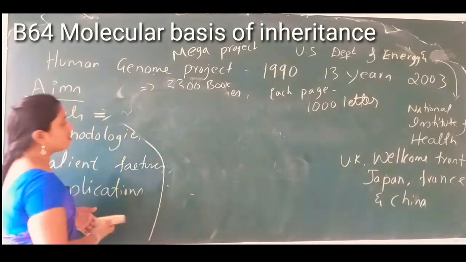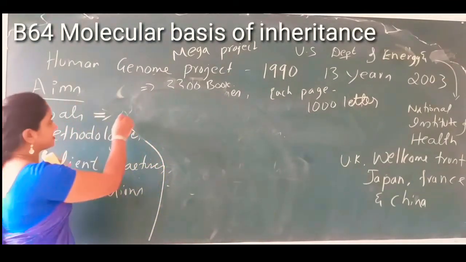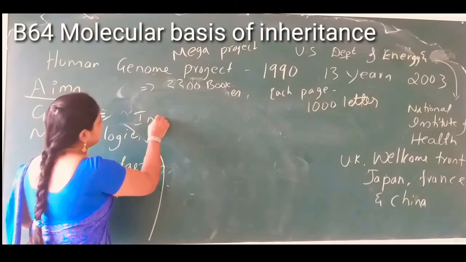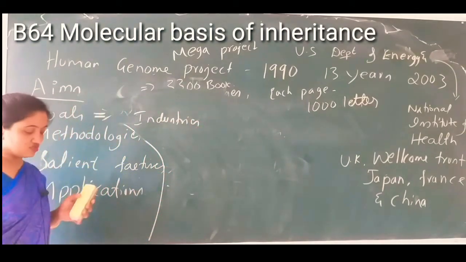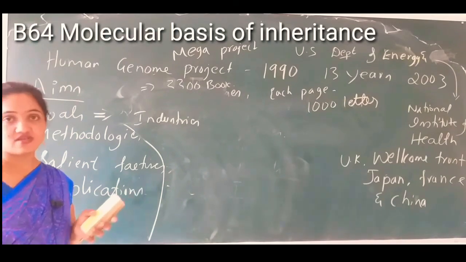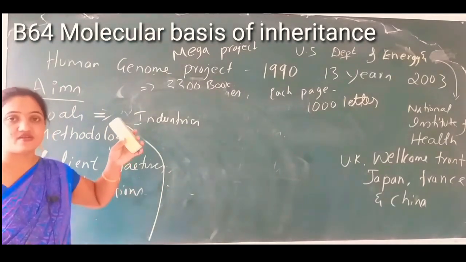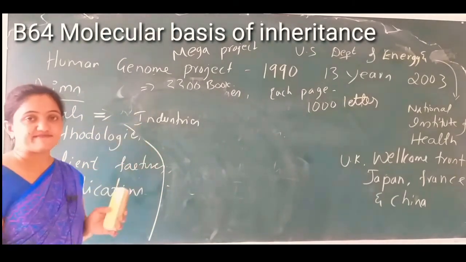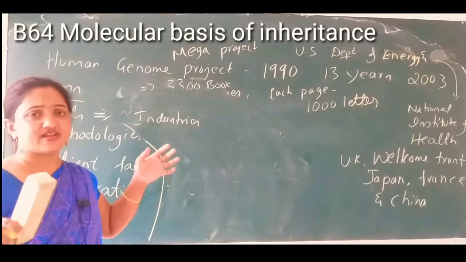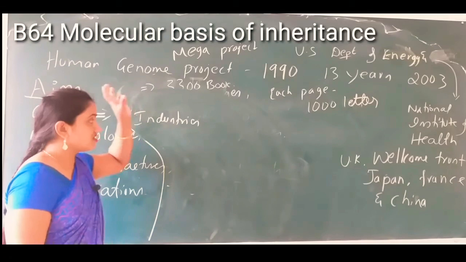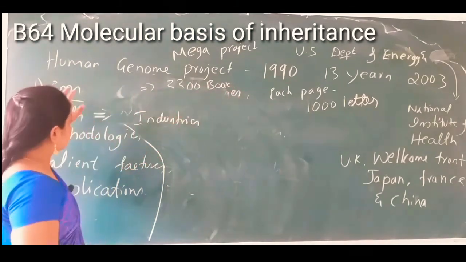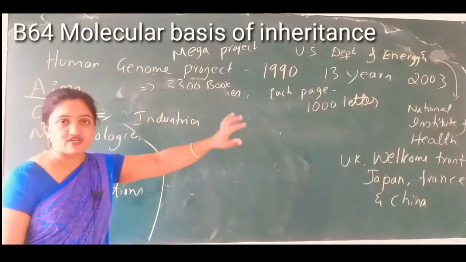And they also wanted to transfer this data to industries. What type of industries? The health industries, health department, or the medical department. Many different departments and industries, they wanted to transfer their stored data.